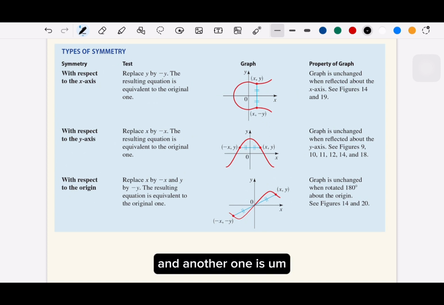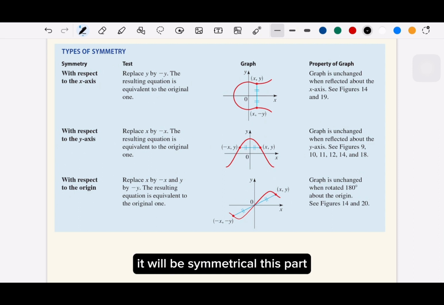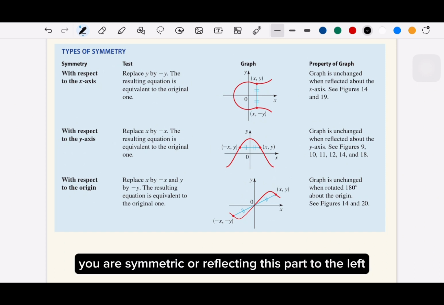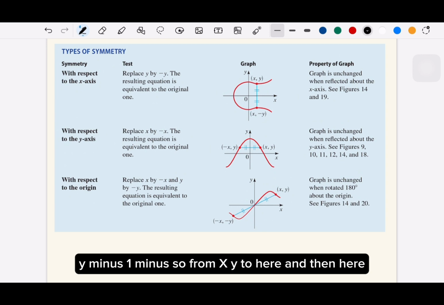And another one is, we say this is symmetrical with respect to the origin. So you can imagine that this part here will be symmetrical to this part. We can think of the origin as reflecting this part to the left and then reflecting to the y minus.